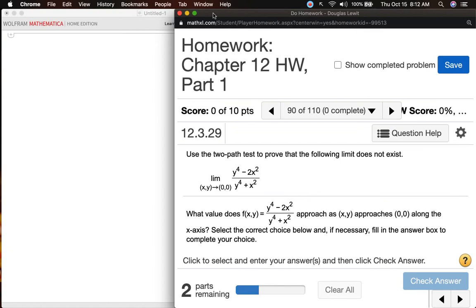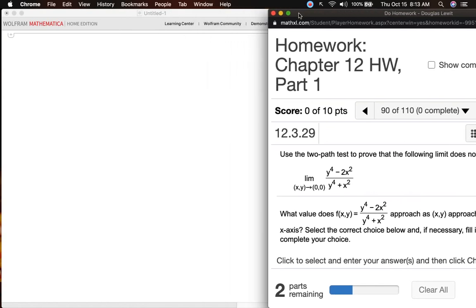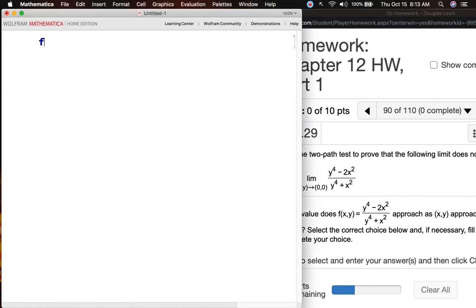And I'm going to define that right now in Mathematica. f of x and y is equal to y to the fourth power, that's control 6, y to the fourth power minus 2x to the power of 2, control divide by y to the fourth power plus x.